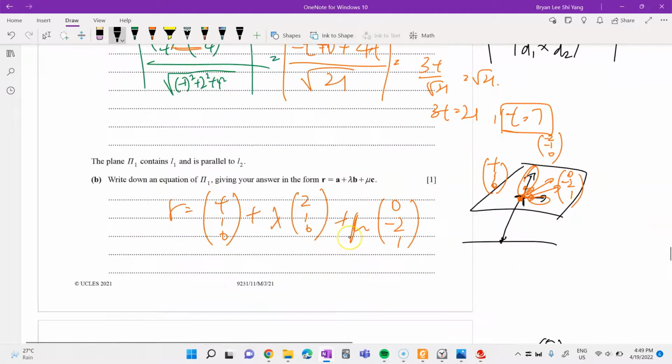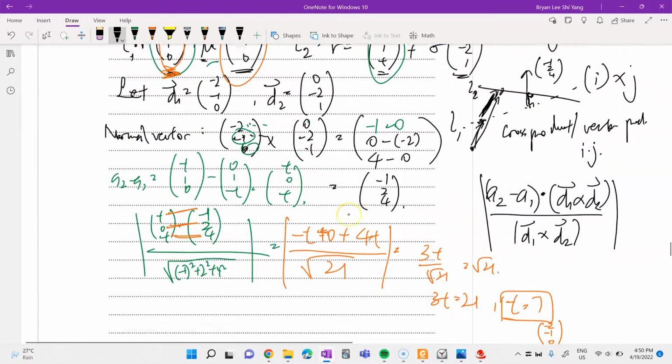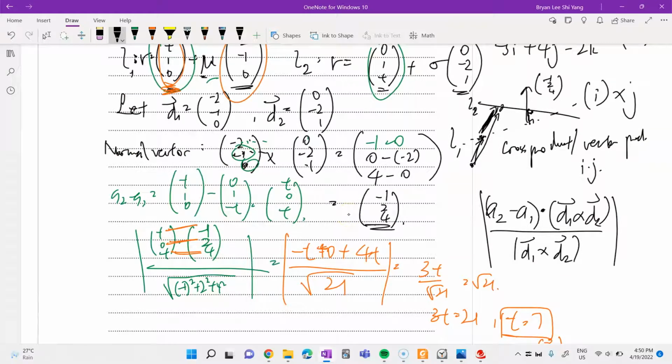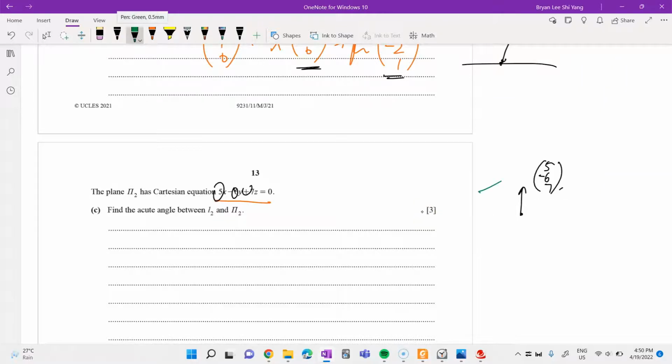We know that the normal vector of these two direction vectors that I've underlined in black is what we've obtained here. Let me just draw some other vector. Let's say this is the normal vector of this vector.